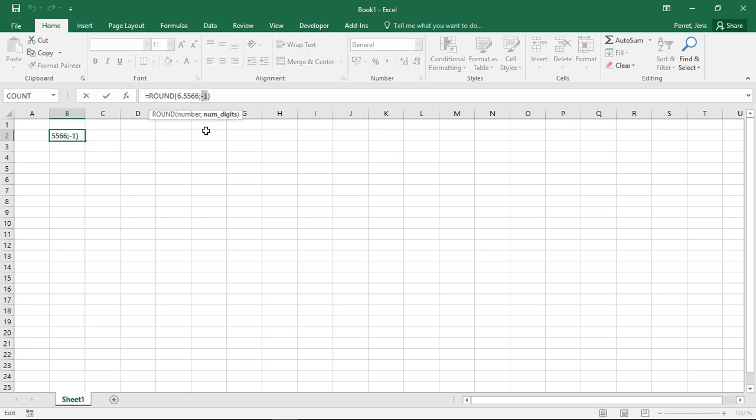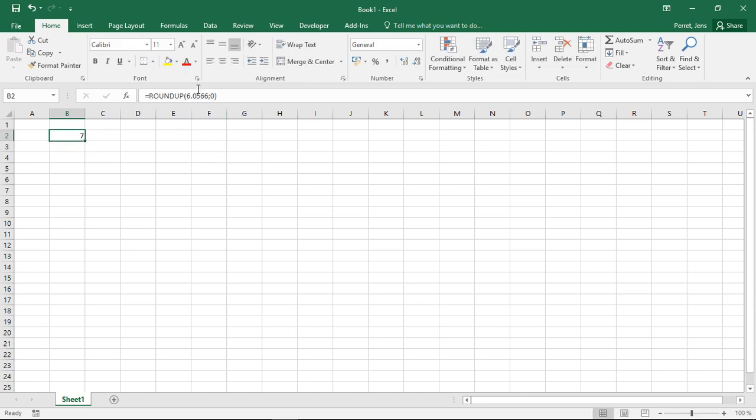Usually if we talk about rounding, we however mean rounding up and down to the next integer. So here I would round up to 7 because, as I said, the decimal is larger than 0.5. Then if I take a look at the ROUNDUP function, here we see it also rounds up to 7, but it also rounds up to 7 if I have 6.05.